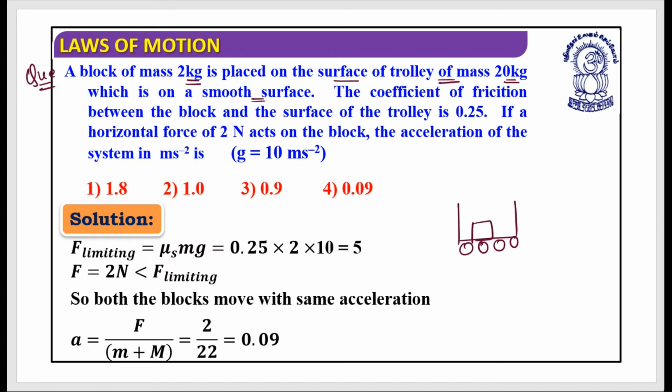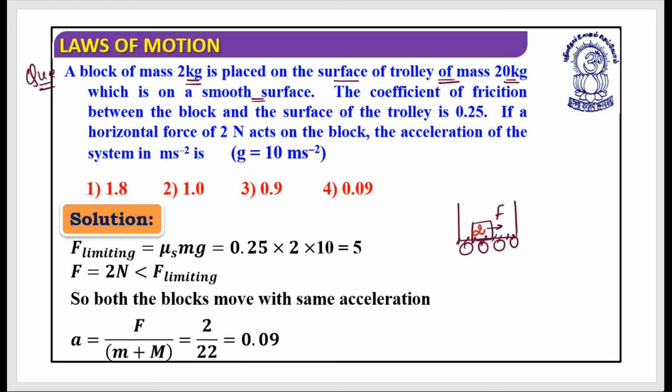If a horizontal force of 2 newton acts on the block, then what is the acceleration of the system in meter per second squared? The mass of the block is 2 kg.